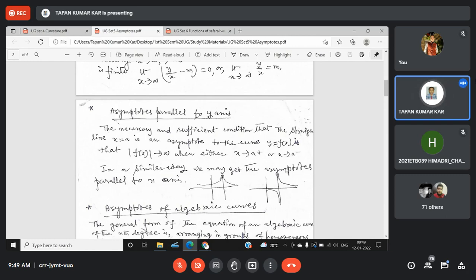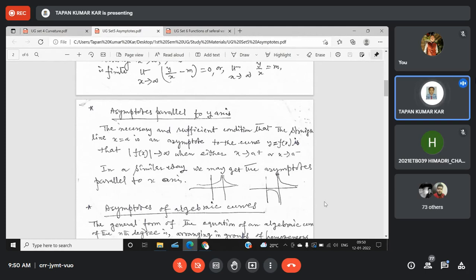In the second figure, look at this. These are the curves, a different type of curves taken here, and in the second figure also the line is x equal to a. So these are asymptotes parallel to y-axis.